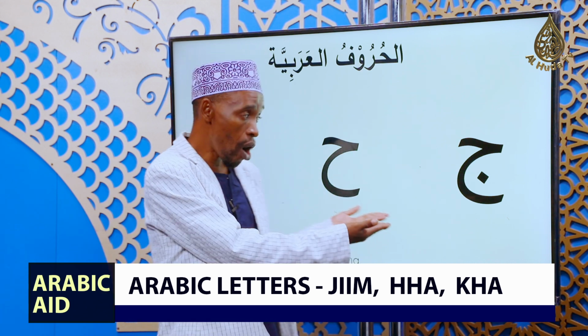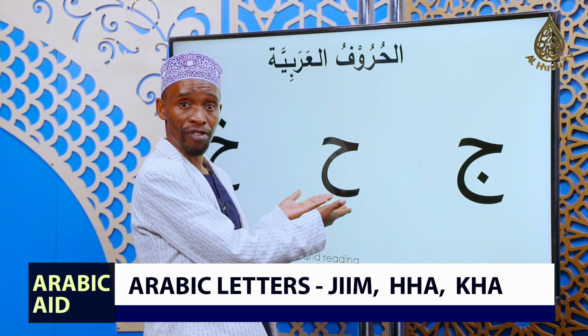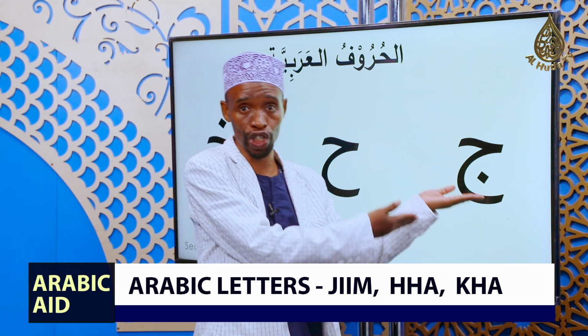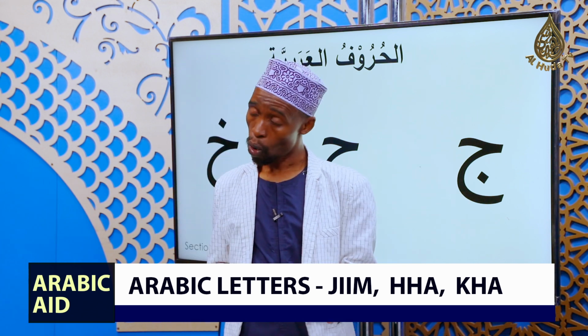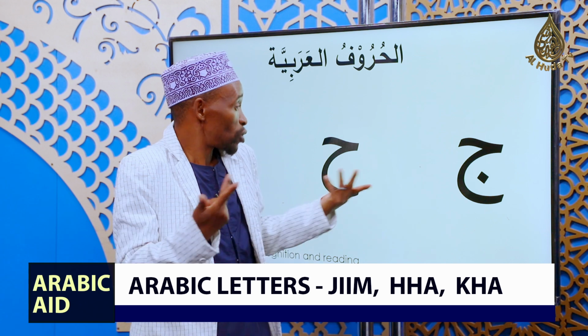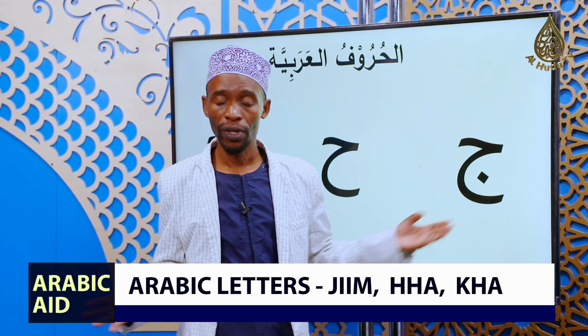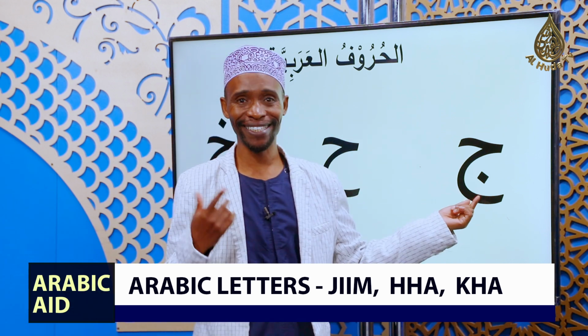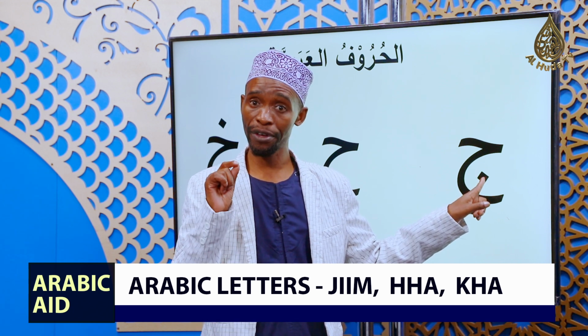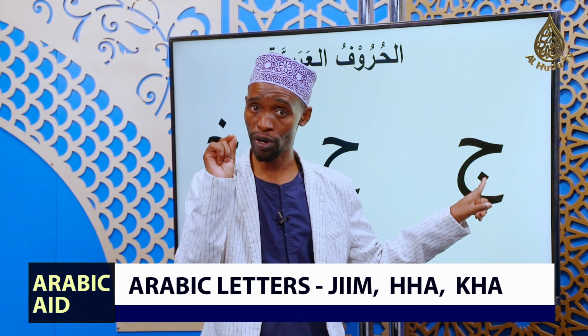However, all the other letters are of a similar shape as Jiim. So, how do you know Jiim? Jiim is identified by a single dot found in the middle in its natural form.